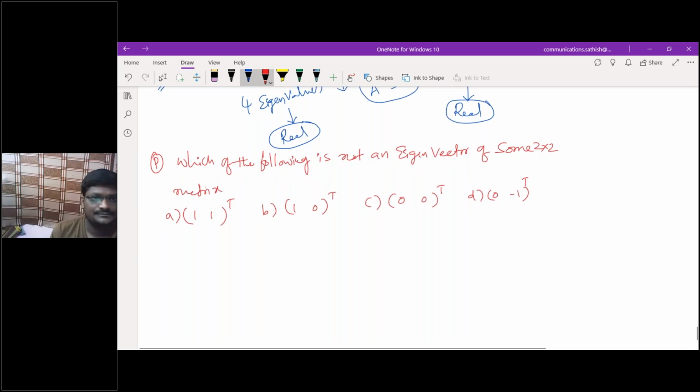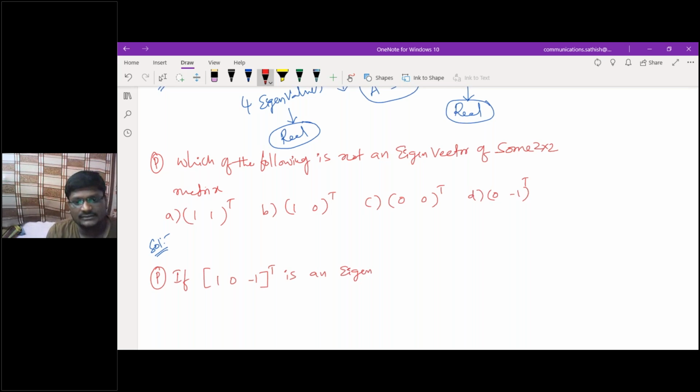Which option? Firstly, people have to tell that. Are you there all?